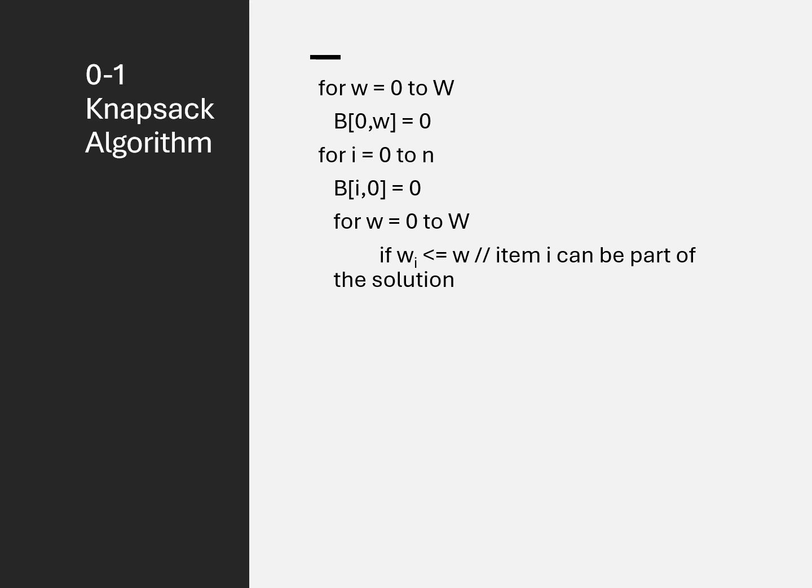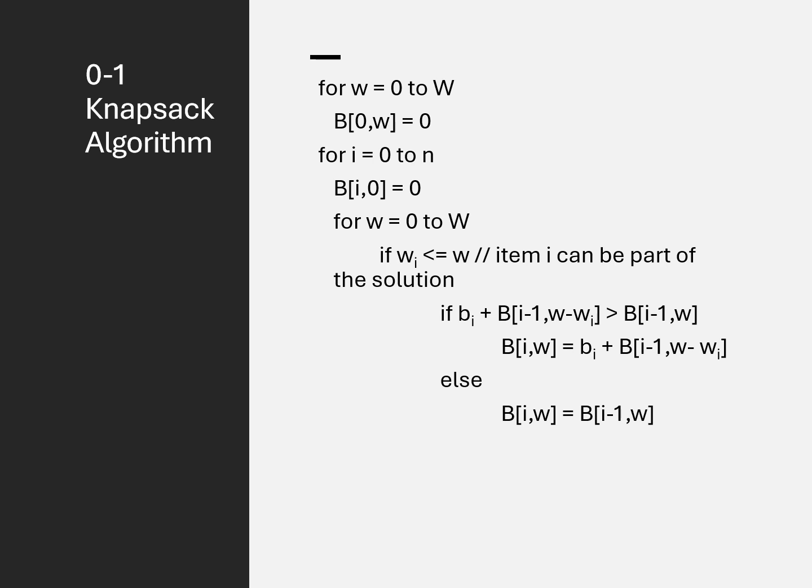If it is true, then we will go for the calculations, where we are basically applying the maximum formula. If picking the item gives you the benefit over not picking the item, then you will pick the item and store it. And if not picking the item gives you the benefit, then you will not pick the item, and the previous solution would be the solution of the current problem set, or subproblem, whatever you call it.